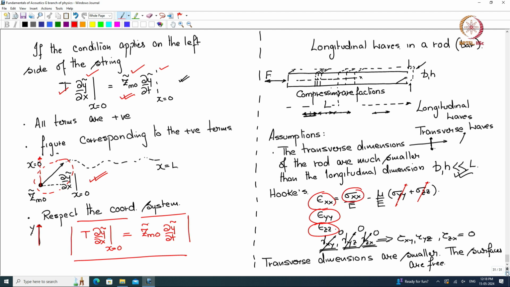Okay. So as the wave moves, where there are compressions, there is a bulge due to Poisson ratio, and where there is a rarefaction, there will be a necking. Okay, as the wave moves through the material.